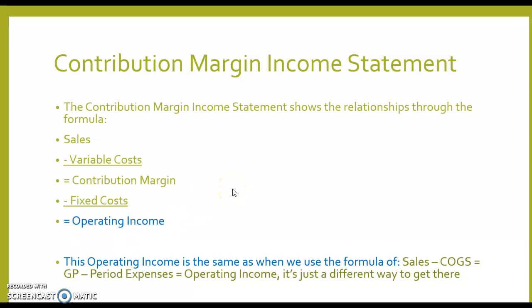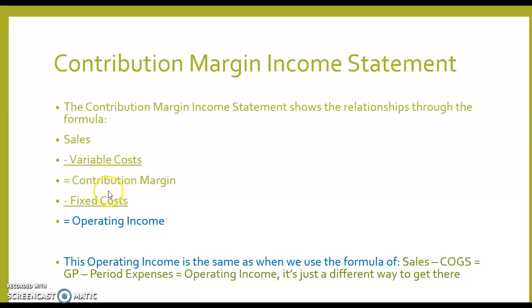Now, for the income statement we do for GAAP, for investors and creditors, we have sales minus cost of goods sold as gross profit. Then we subtract the period expenses, the expenses of the office, and we get operating income. We may call it income from operations, but management will often call it operating income. On the contribution margin income statement, the sales is the same number as on the regular GAAP income statement, and operating income is the same number too.